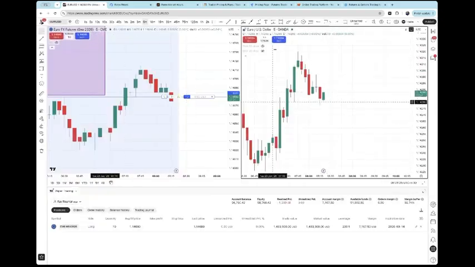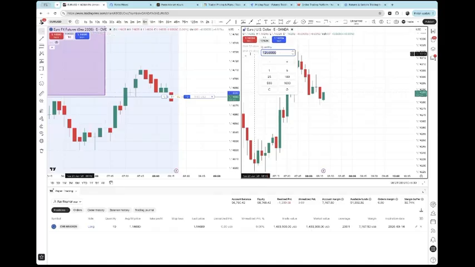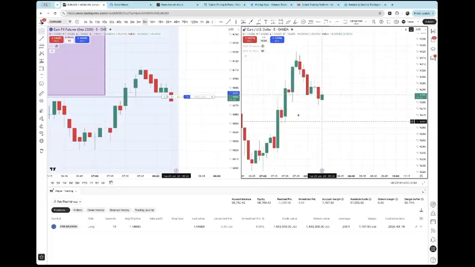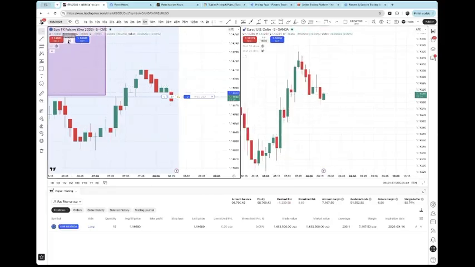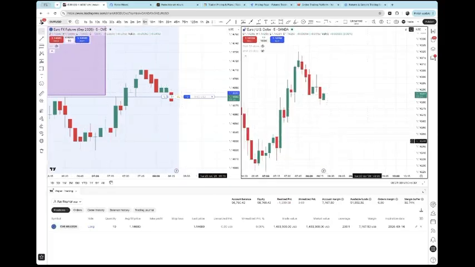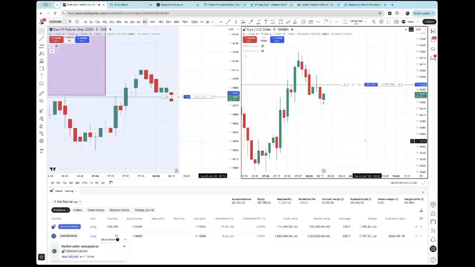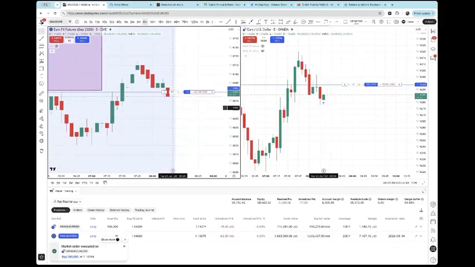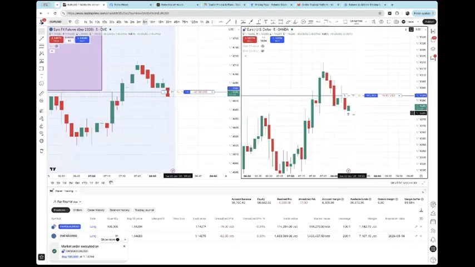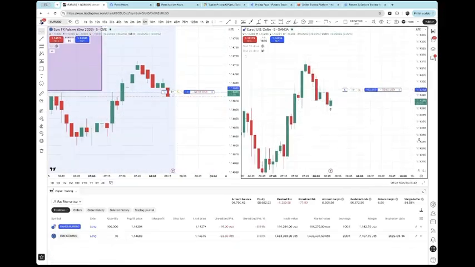Just remove this, because in this one there is 10 a standard lot and here is 1 a standard lot. Over here we have taken 10 a standard lot, over here we have taken 1 a standard lot, and control B. So you can see the major difference over here and here, because this market is closed and this market is open right now.